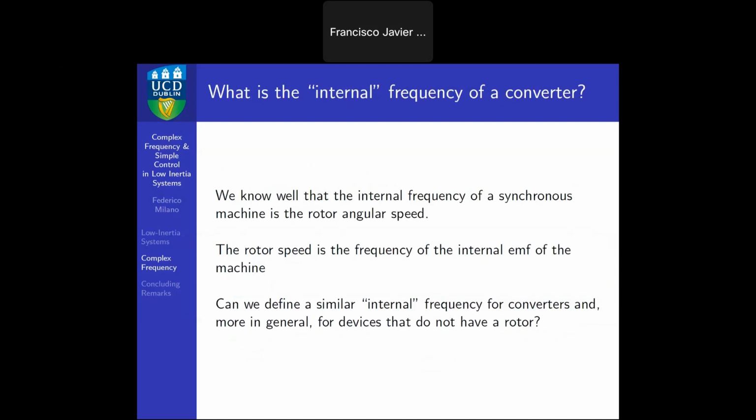Okay, so the question here was, we know that in synchronous machines, there is an internal frequency that is the rotor angular speed, and that is a physical quantity with differential equations that describe its dynamic. So I was asking myself, is it possible to define a similar internal omega for any device?